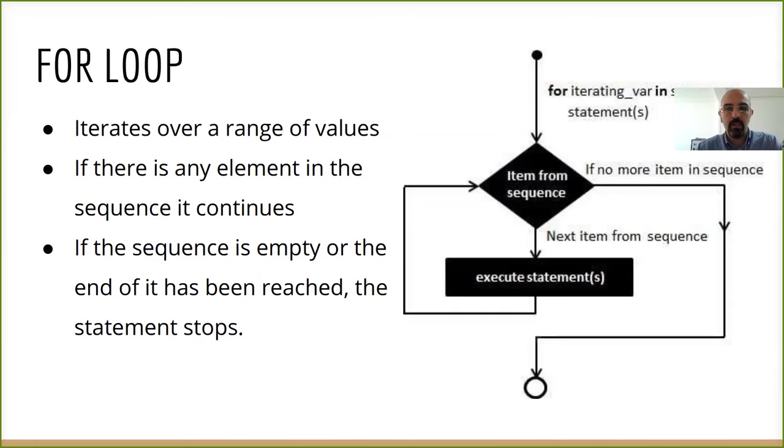It starts from the first element, it executes the instruction, then it picks up the second element and executes the instructions, and then the third, and so on, till it reaches the end of this list. Once the list is empty, the for loop breaks, so terminates.